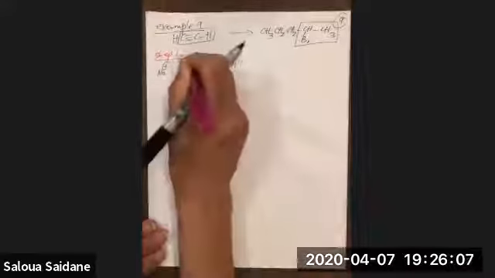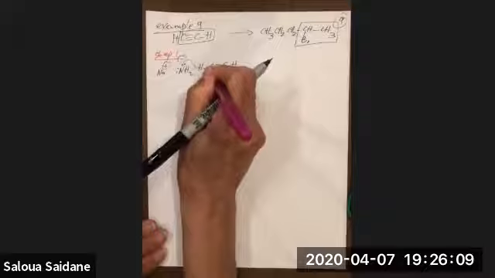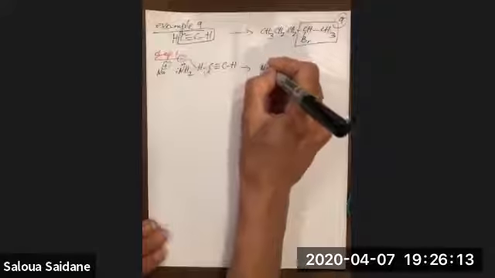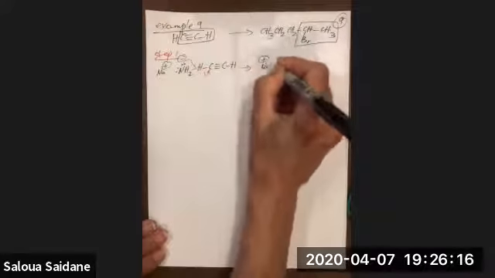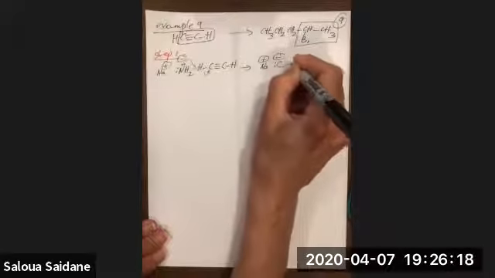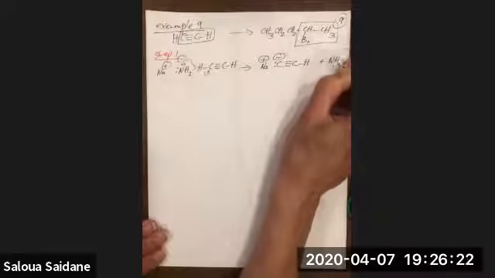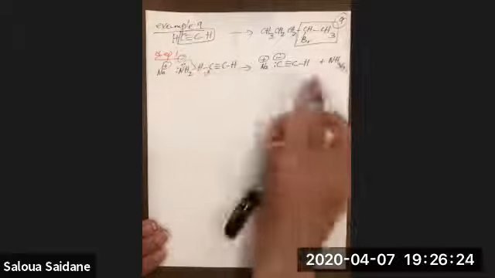NH2 grabs this, this opens, and we created the acetylide ion. So that's our step 1.